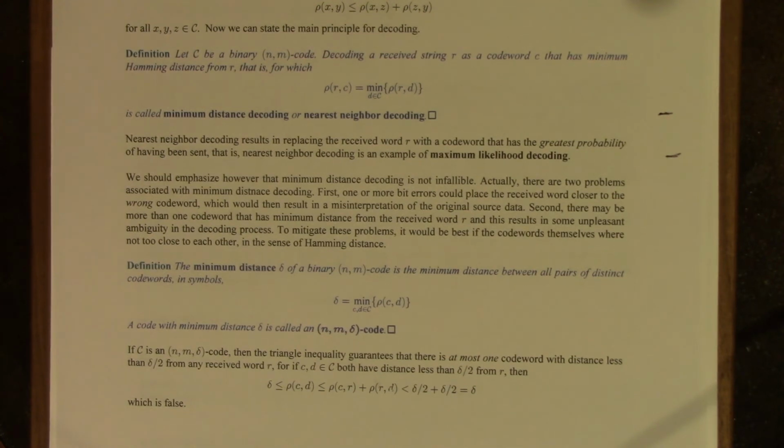Actually, nearest neighbor decoding results in replacing the received word with a code word that has the greatest probability of having been sent. So it makes perfect sense. And for that reason, nearest neighbor decoding is an example of what's called maximum likelihood decoding.